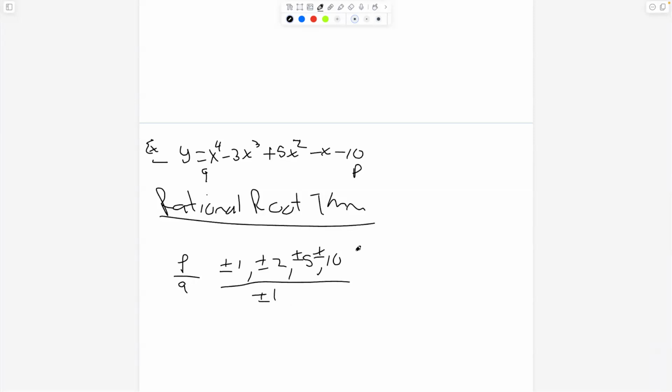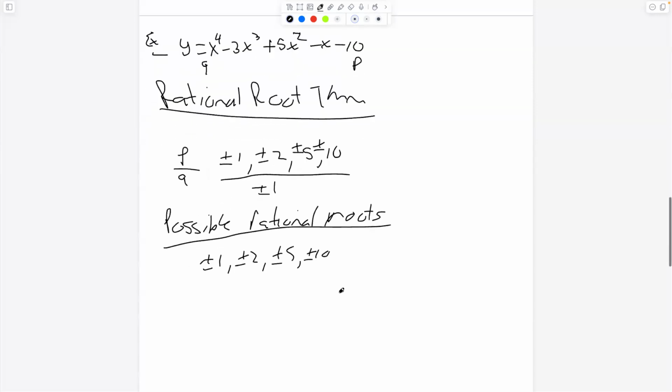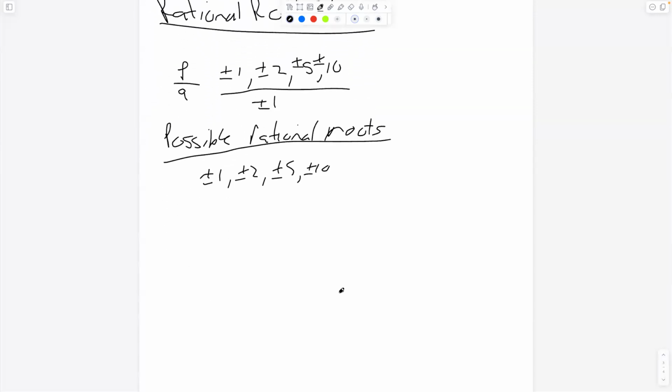So all these different fractions, the possible rational roots, every possible fraction that we can make with factors of this guy on top and this guy on the bottom: plus or minus 1, plus or minus 2, plus or minus 5, and plus or minus 10, because they're all over 1. Okay, so now we've got to start checking them.